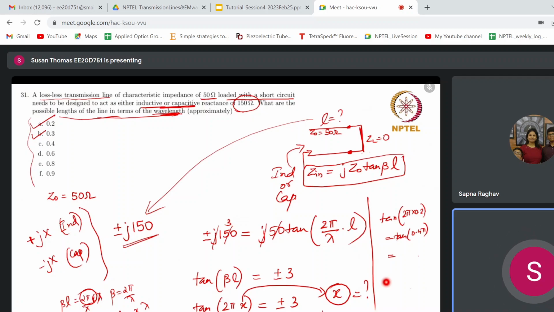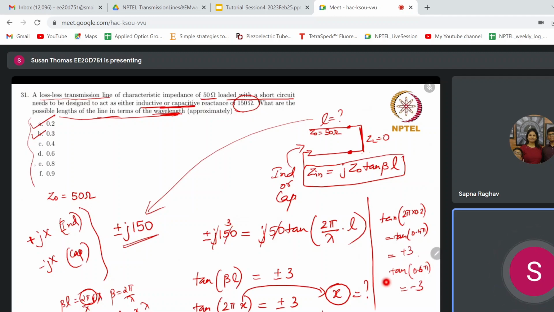So tan 108 is again minus 3. It could be either plus 3 or minus 3. So 0.3 is also an option.